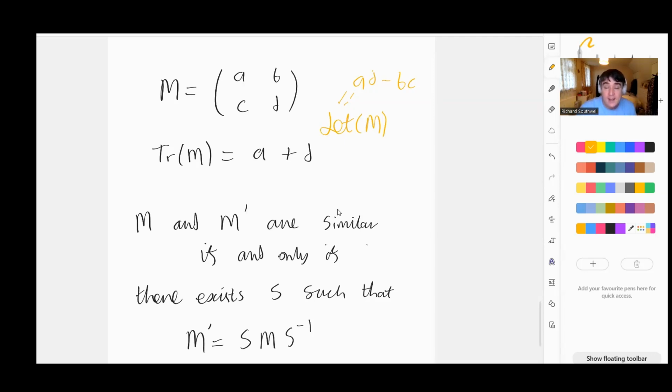So basically, if you tell me the trace and the determinant, that's pretty much enough to understand the basics of what that matrix is doing in a very precise way. We're going to see this later.